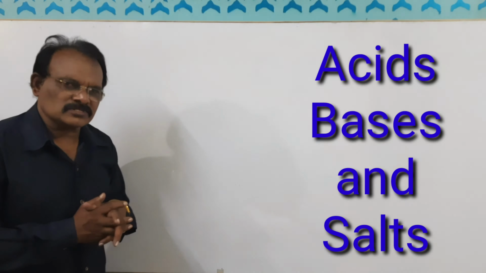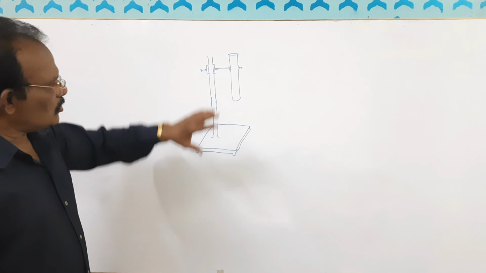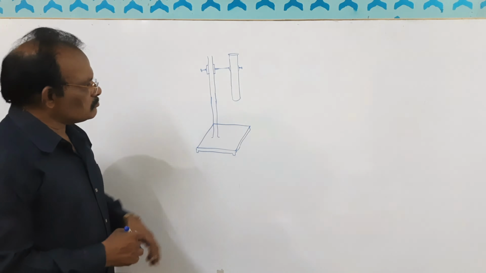Now, take a small amount of dilute sulfuric acid in a test tube. Now I am drawing the picture. You see, this is a stand and a clamp in which we have attached a test tube. Now pour some dilute sulfuric acid.